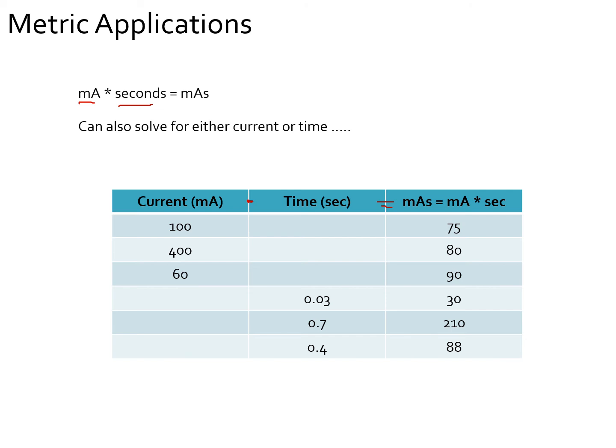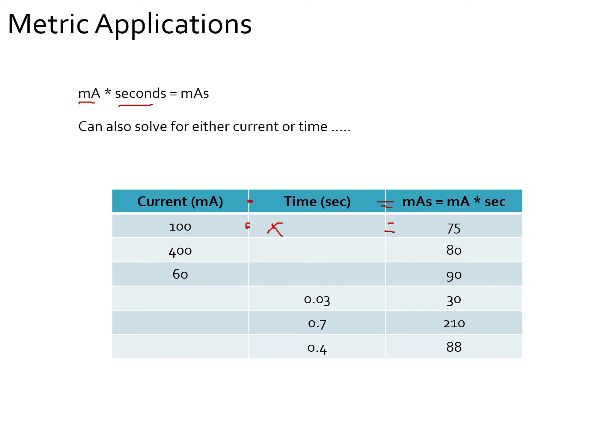Now with this chart, with the first three, you're given the milliamp seconds and the current, and you have to come up with the time. So now these will be division problems. Just like 100 times x equals 75.